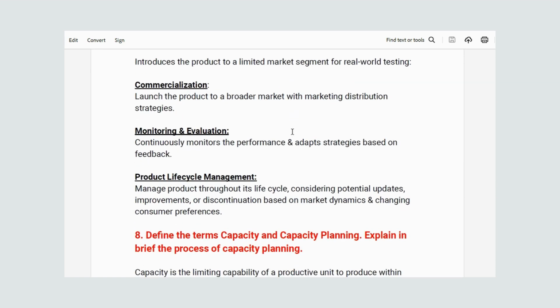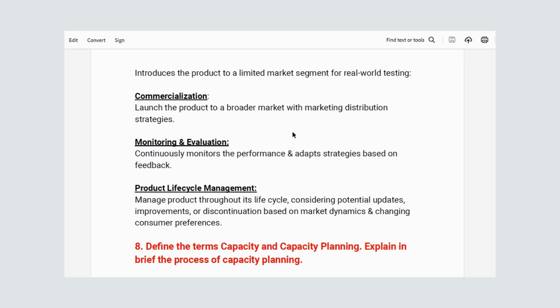And then the last one is product lifecycle management. We manage the product throughout its life cycle, from selecting which product is to be made till the end, like receiving feedback from the consumer. Throughout the life cycle, we have to consider the potential updates, improvements or discontinuation based on market dynamics and changing consumer preferences.